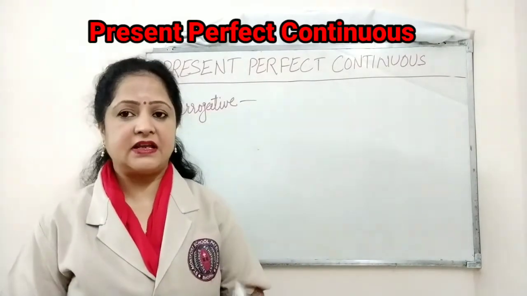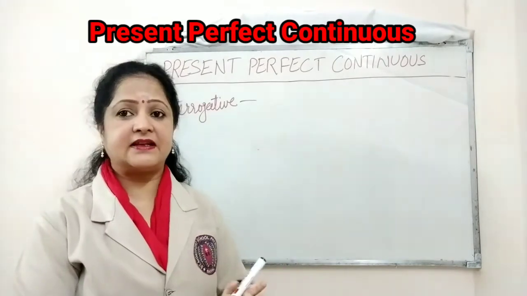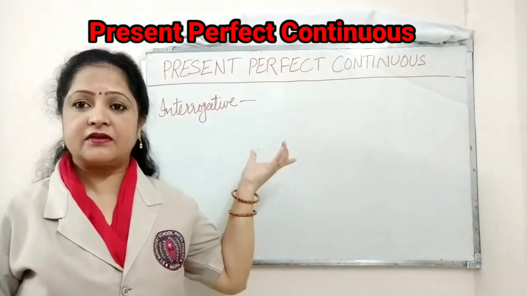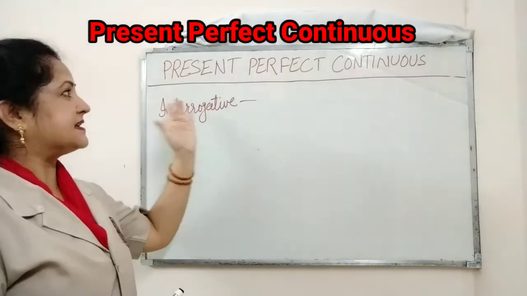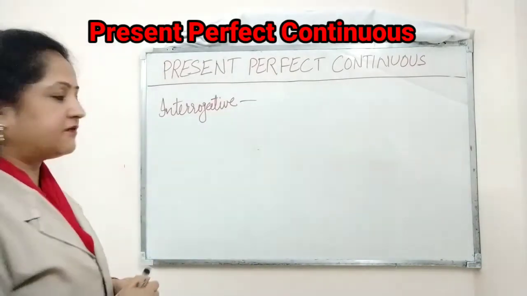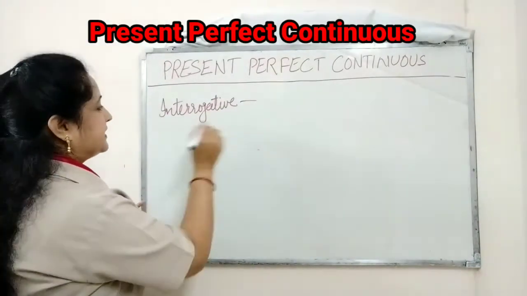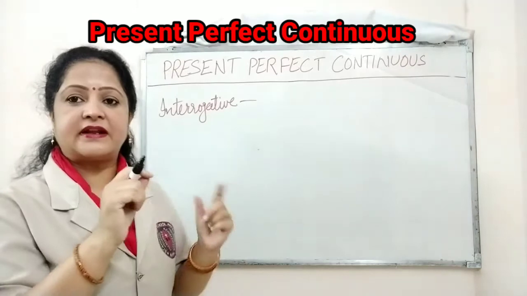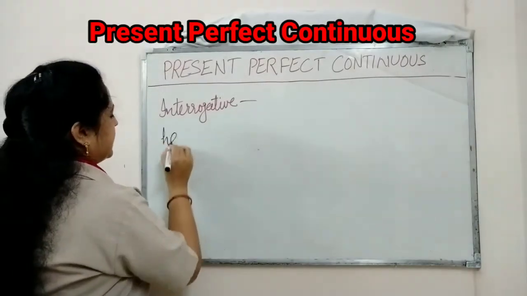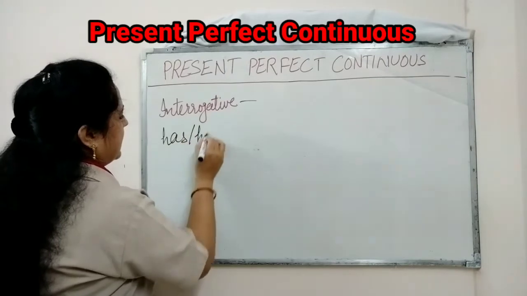The last one is how to make a sentence in interrogative form in present perfect continuous tense. So here we will write, first of all, the auxiliary verb. So what is our auxiliary verb here? Has or have.